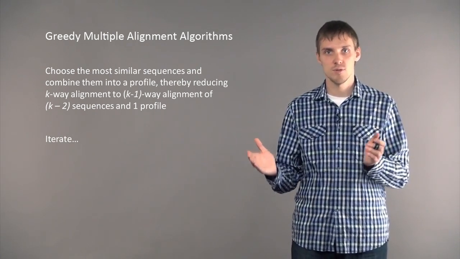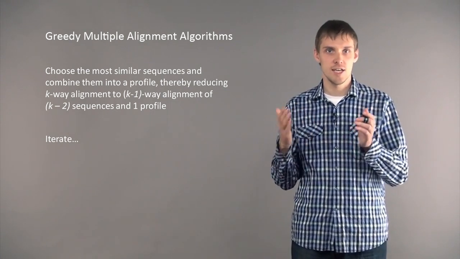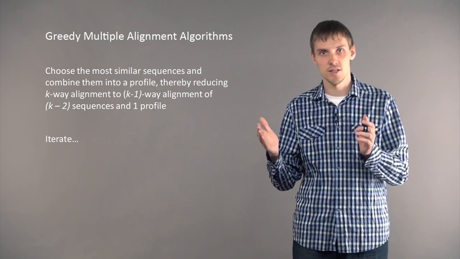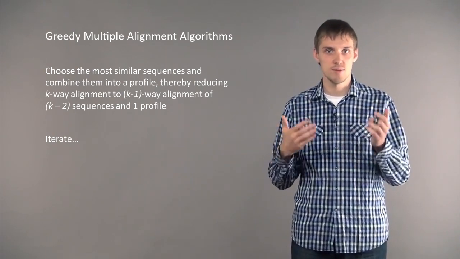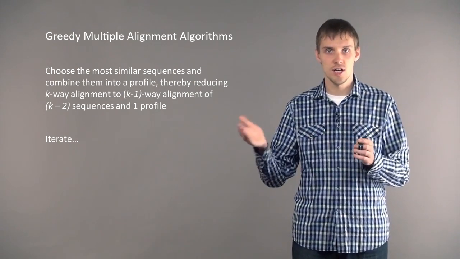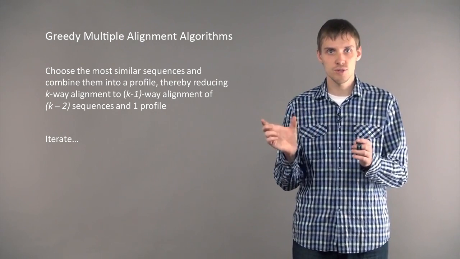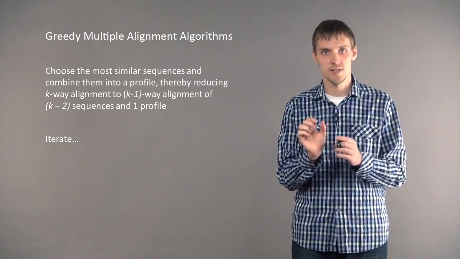After this step, we will have k-1 sequences. Well, actually we will have k-2 sequences and one profile, but we know that we can align a profile in the same way as we align sequences. And we will iterate. On each iteration, we will reduce the number of sequences and profiles to align with each other by 1.